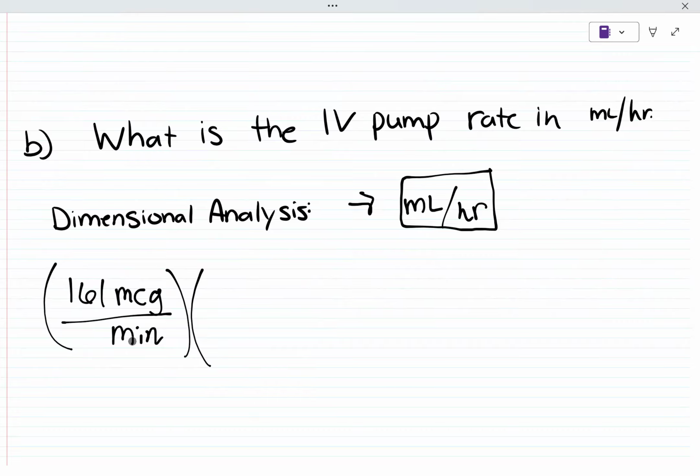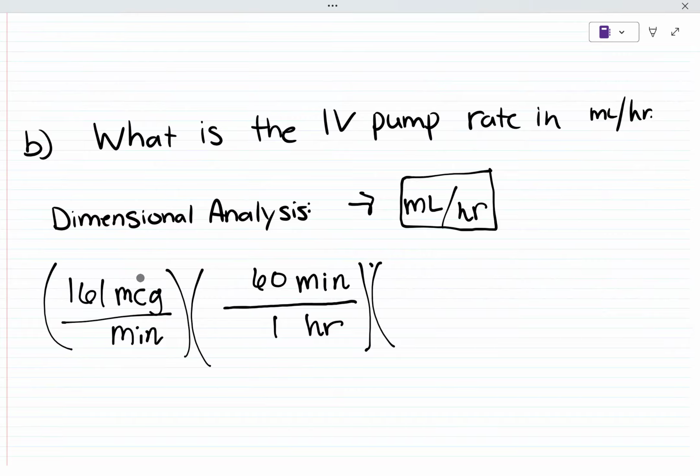I have to convert this minute into hours, right? I have to convert this minute to hour and this mcg into milliliters. So I have to put the minutes on the top and hours on the bottom, right? That's the only way to get rid of the minutes, and that's the only way to get hours on the bottom. So what do you think? What is the relationship between hours and minutes? Yes. We know that for 1 hour, there's 60 minutes, right?